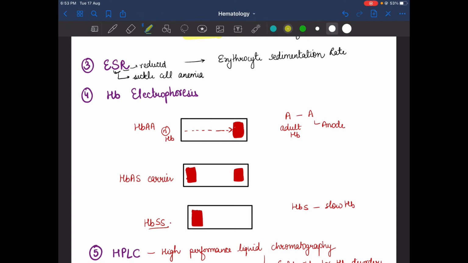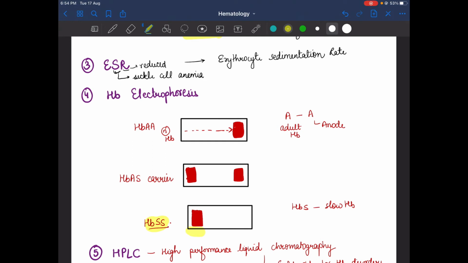And in HbSS, when the person has sickle cell anemia, HbSS is present and it does not move towards the anode side. It stays towards the cathode side.